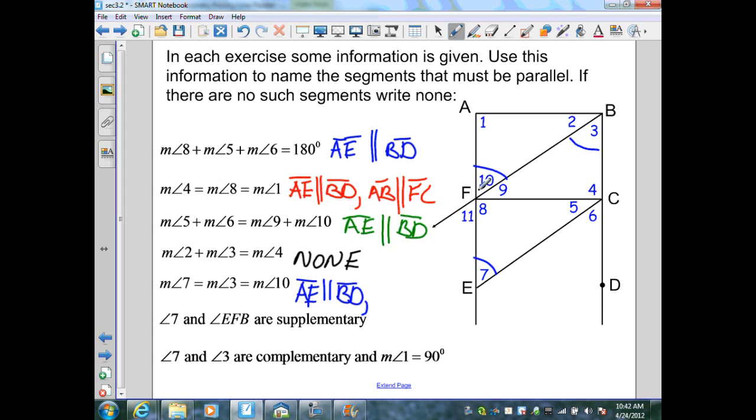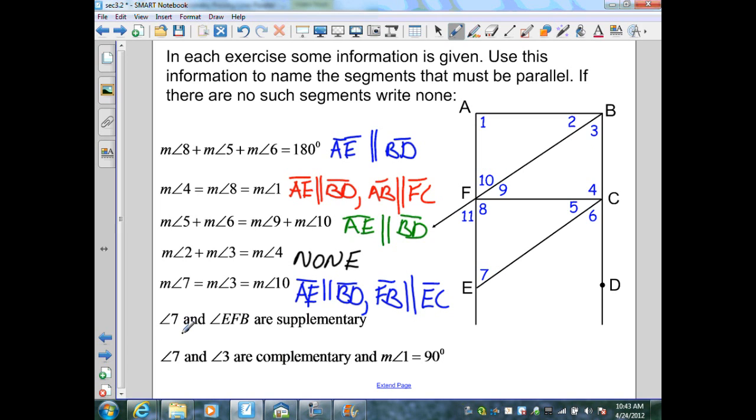But angle 10 and 7 are congruent. There is a transversal, that's AE. And the other two lines that form them are FB and EC. If corresponding angles are congruent, then the two lines cut by a transversal must be parallel.